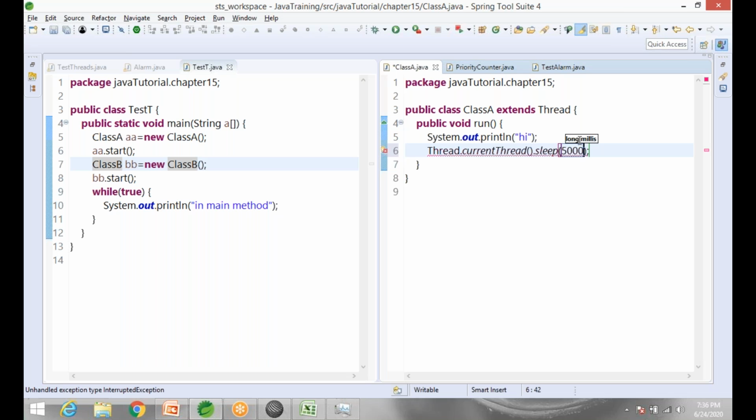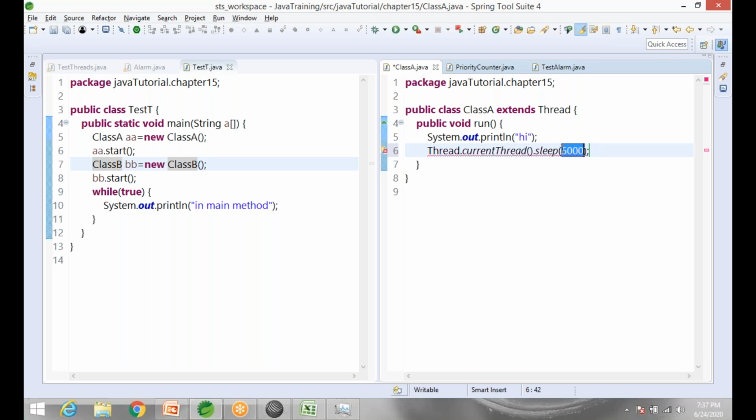So how many milliseconds equals 1 second? 1,000. 1,000 milliseconds is equal to 1 second.